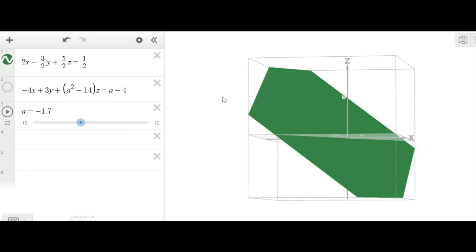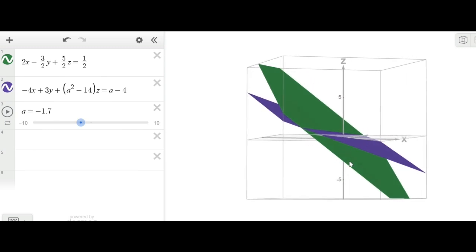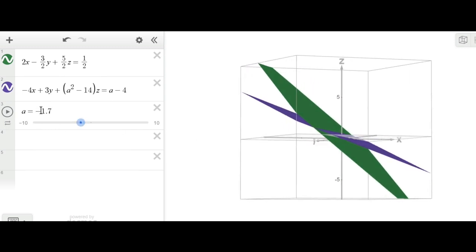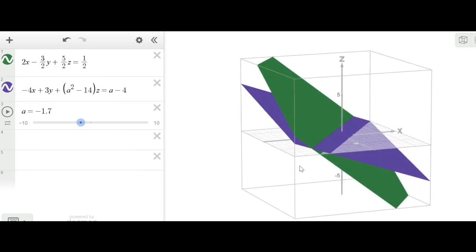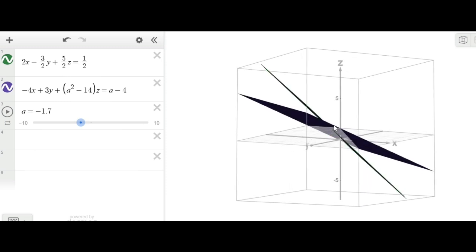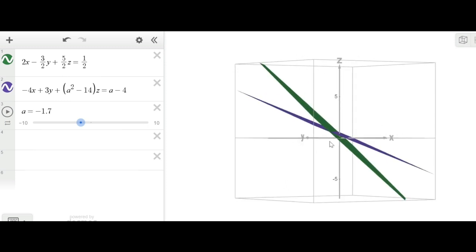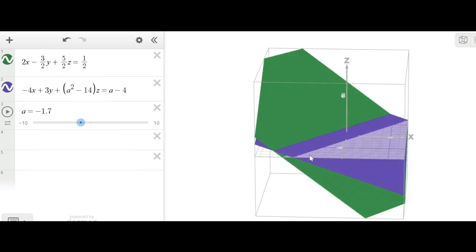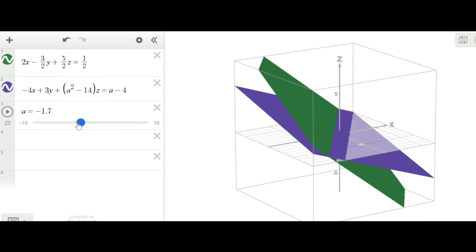So this is the first equation. Here's the second one. For now a is negative 1.7. As you can see, they intersect in a line. You can see they intersect in a line in between them, right? That line goes on infinitely, so they have infinite solutions.